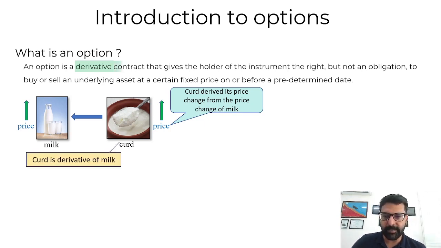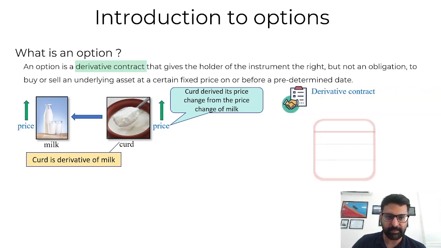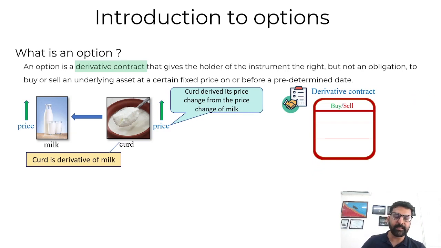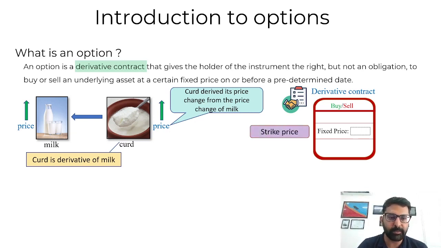The second piece that we need to understand in this is what is a contract, right? So a contract is basically, as the name suggests, a kind of a deal between the buyer and the seller. And for now, you need to understand that there's something called a strike price, and there's an expiry date for a contract, right?